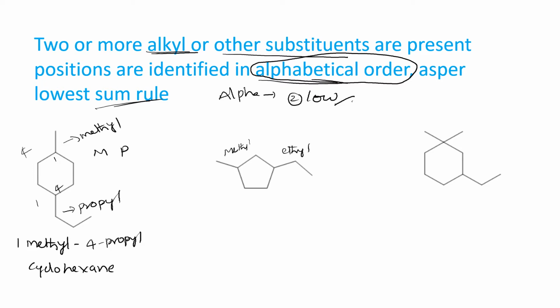If you go in either direction you get 1 and 2, but I follow this one only. Why? Because among ethyl and methyl, the first letter is E. Hence the name of this compound is 1-ethyl-2-methylcyclopropane.